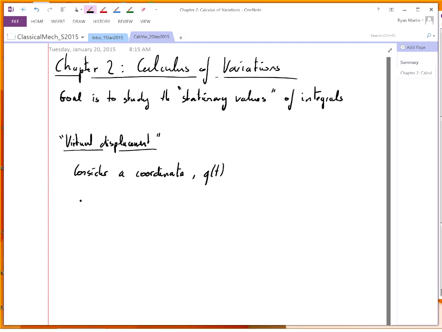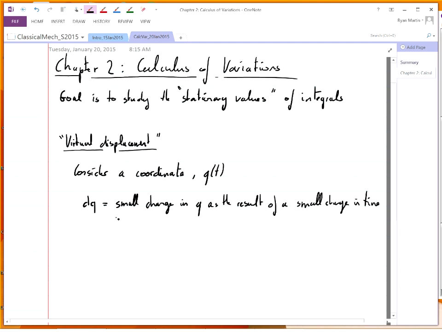So dq, the familiar differential of Q, that's a small change in Q as the result of a small change in time delta t.